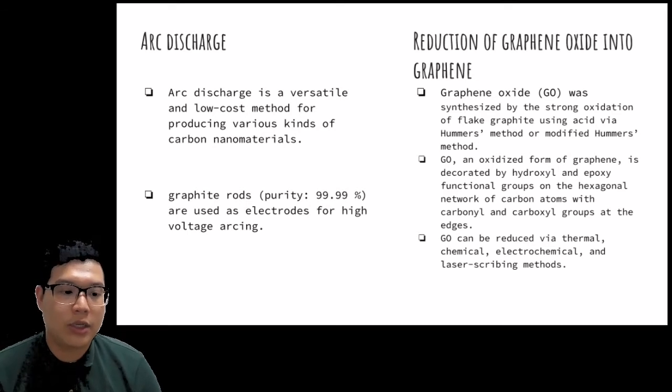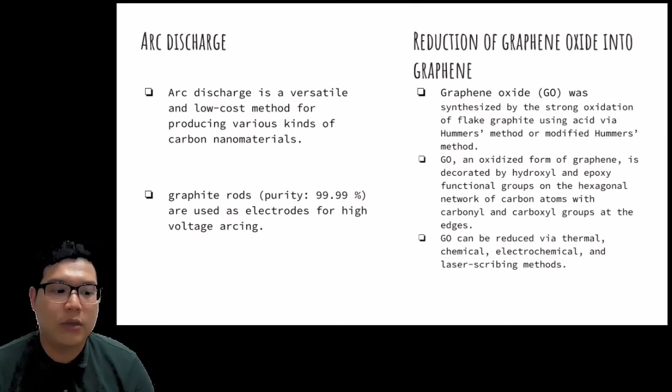In the arc discharge technique, graphite rods with purity of 99.99% are used as electrodes for high voltage arcing. At extremely high voltage, the electrodes are separated by a very small distance. Very high electric fields can be produced, leading to instantaneous sparks, like a welding process, if you will. Now, the soot formed during the discharge process is the end product that contains the carbon nanostructures.